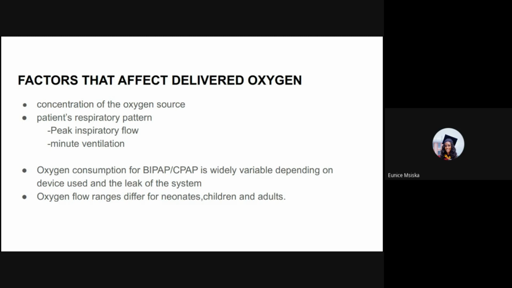And this refers to the volume of gas inhaled or exhaled from a person's lungs per minute. So oxygen consumption for a BiPAP or CPAP is widely variable depending on the device used and the leak of the system. And oxygen flow ranges differ for neonates, children, and adults.